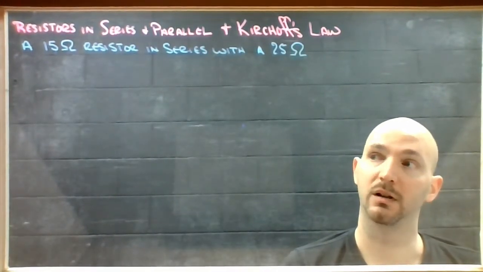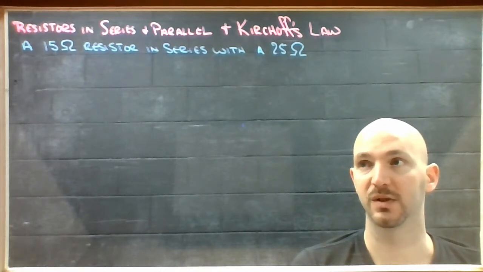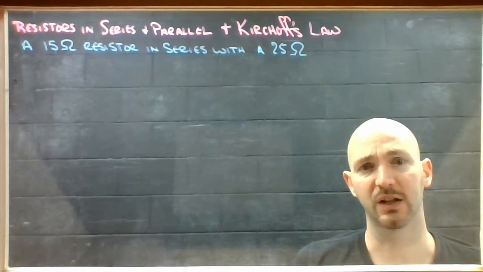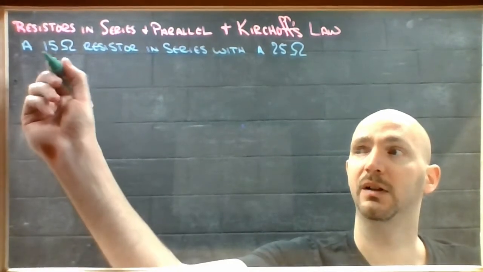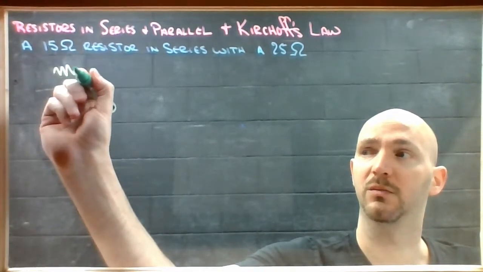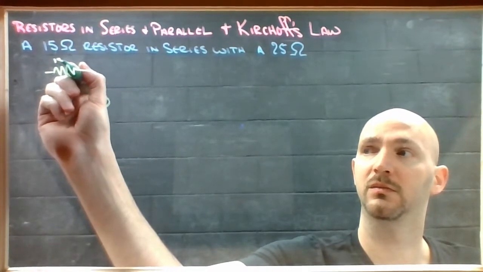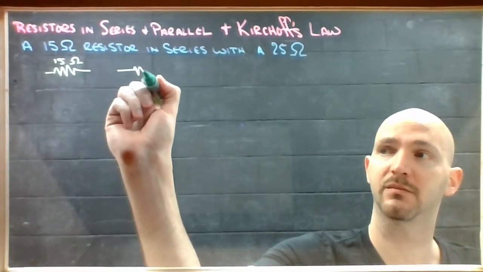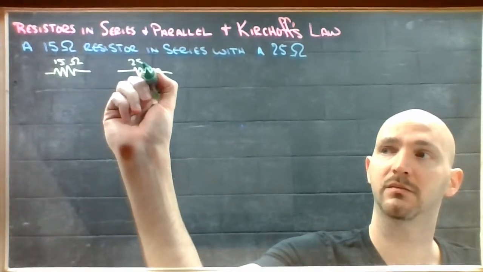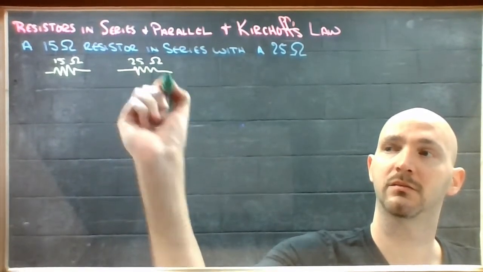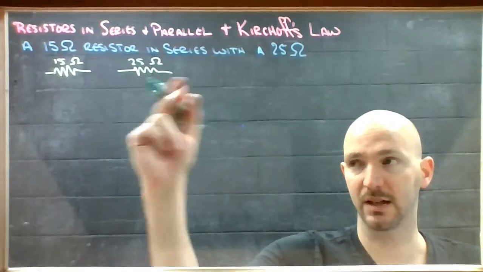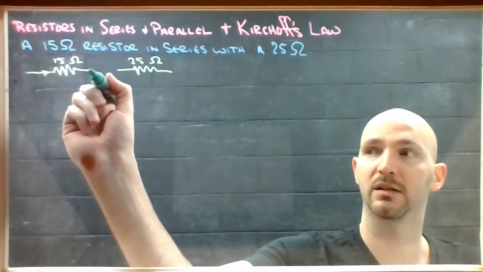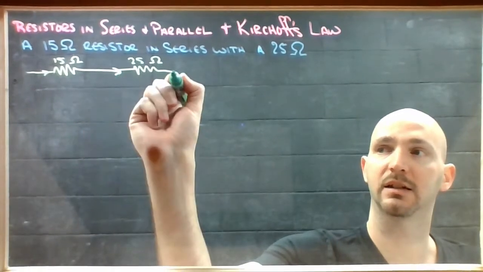Okay, so if you're trying to do a 15 ohm resistor in series with a 25 ohm resistor, first thing you need to do is draw it. So here's my 15 ohm, and here's my 25. And if it's in series, it means it goes from the beginning into one, into the other, and out.